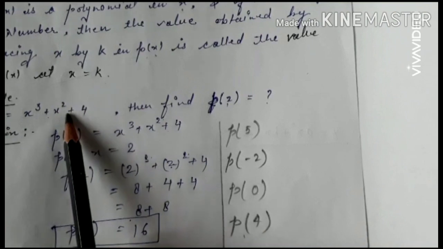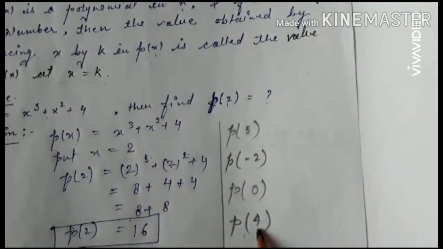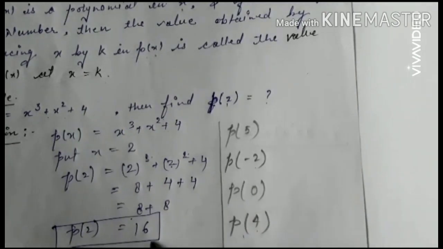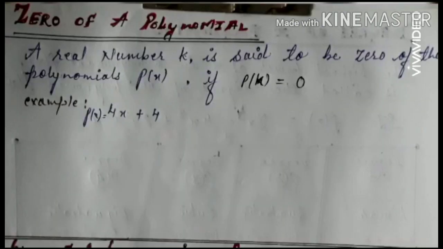This is called the value of the polynomial.